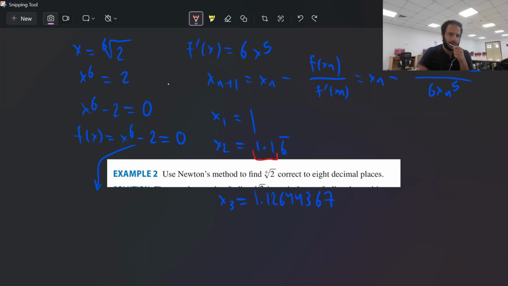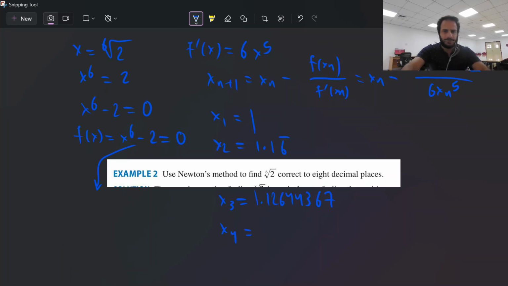You have 1.1, you have 1.1. So you know that 1.1 is correct. The 6 is not correct, because here you have 2, not 6. And for 2, we are not sure yet whether it is correct, because we need to find more. When you find x4, you will see. Let's find x4.